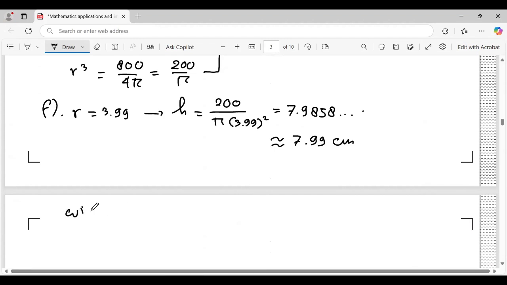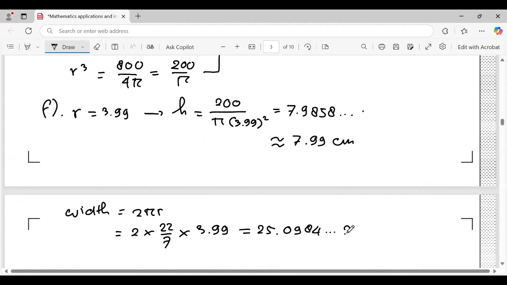If the width is 2 pi r, that means 2 times 22 over 7 times 3.99 equals 25.0984, or 25.1 centimeters.